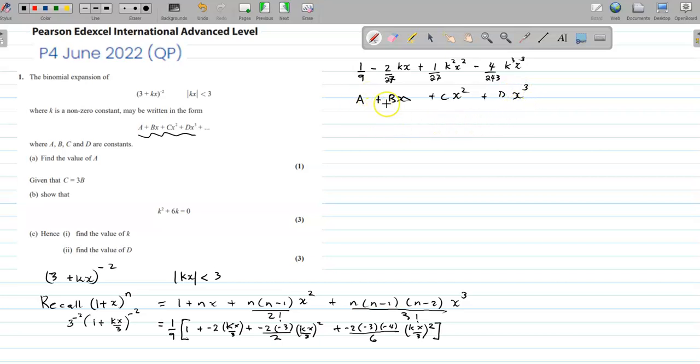So it means that a represents 1 over 9. So we can write down the value for part a: a equals 1 over 9.